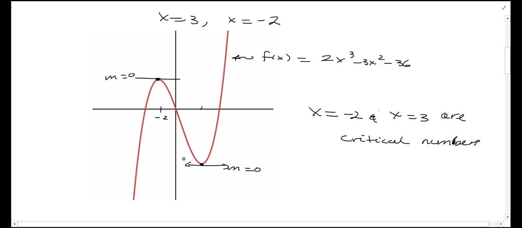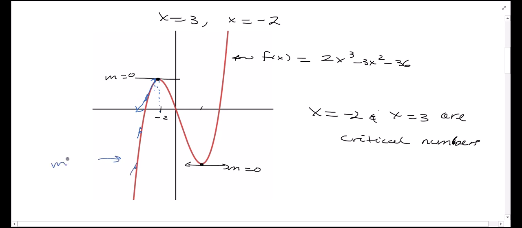So this is where the slope is 0, but notice what happens before that value. So before x is negative 2, what is happening to the slopes here? Notice that if you draw a tangent line, the slope is going to be positive, right? This is an increasing tangent line, and all of these, in fact, are going to be positive values.